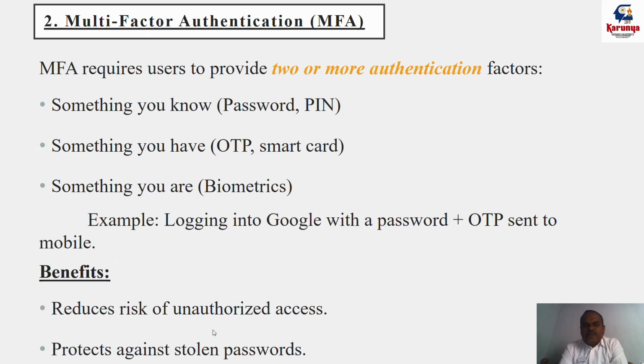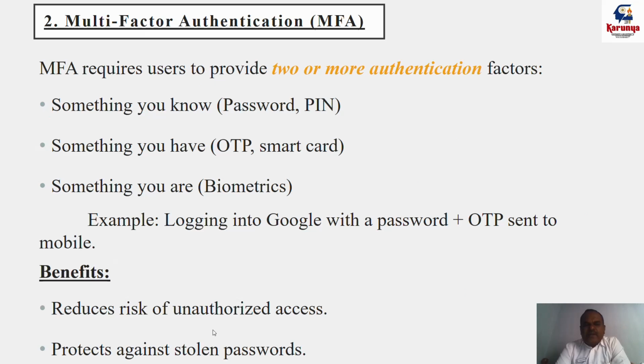In a smart card, credit card or debit card, we can set a password or use a one-time password. Otherwise we can use some biometric, like our fingerprint, or sometimes face identification. So these are all different kinds of authentication.